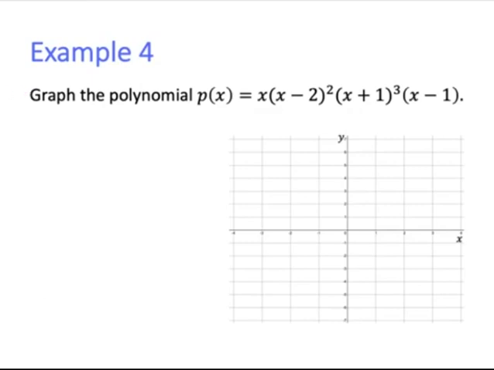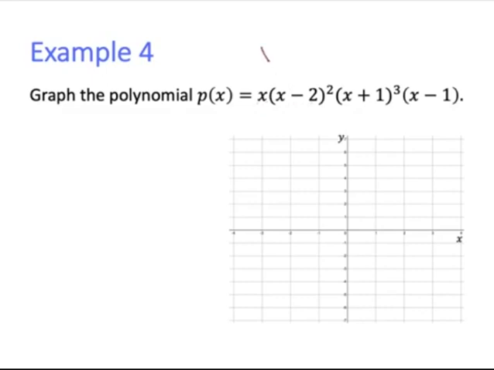So to do that, it's actually easier for that test to see it in non-factored form, but even in factored form, we can still find out what the leading term is. And we can get that by multiplying the leading term of each factor.